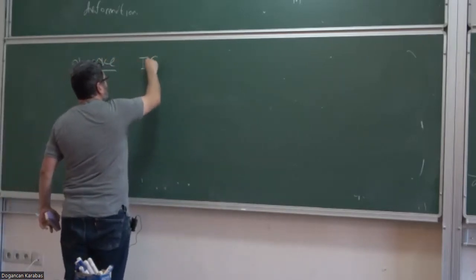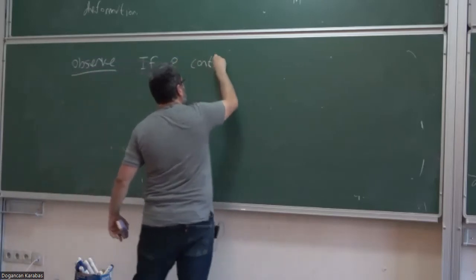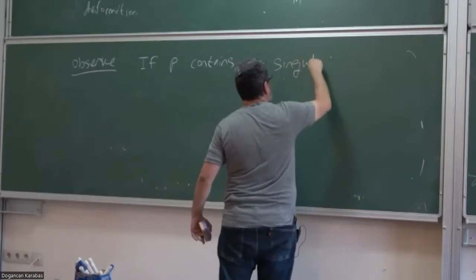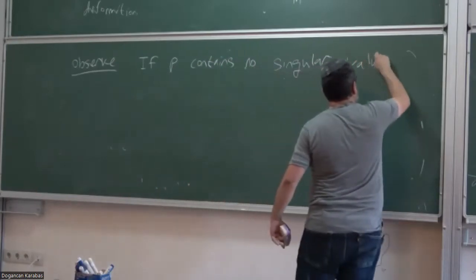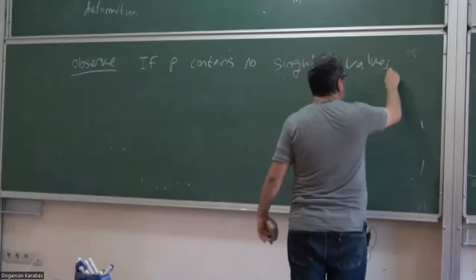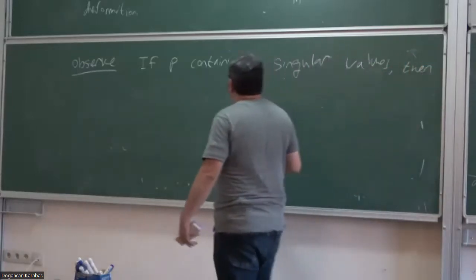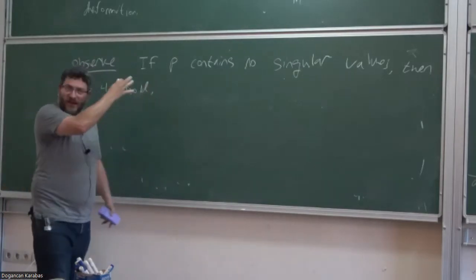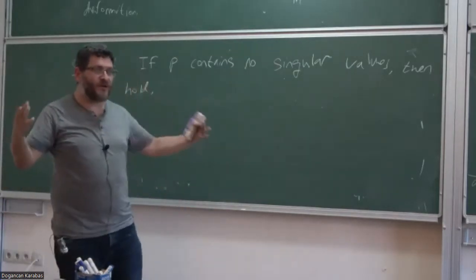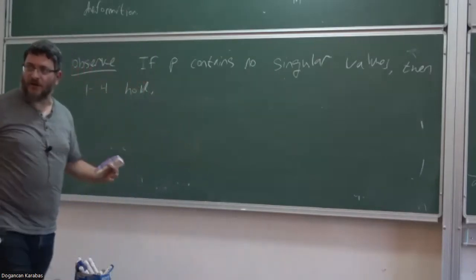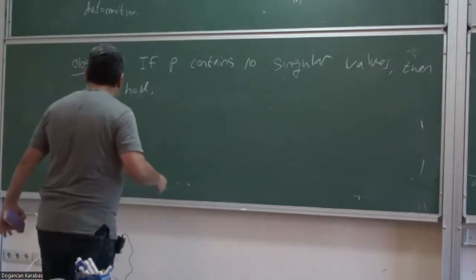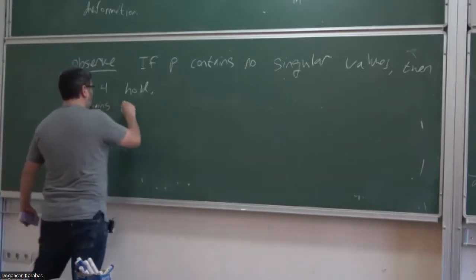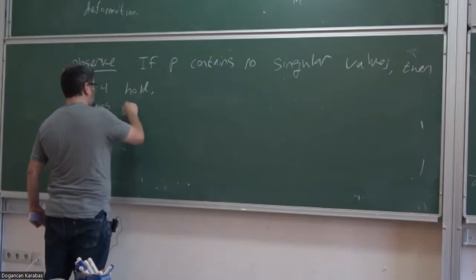If P contains no singular values of the fibration, so it's a regular fiber, then 1 through 4 hold, because that's what I spent some time describing to you. What is the local algebra for a polygon which contains no singularities? So it remains to solve the global problem.